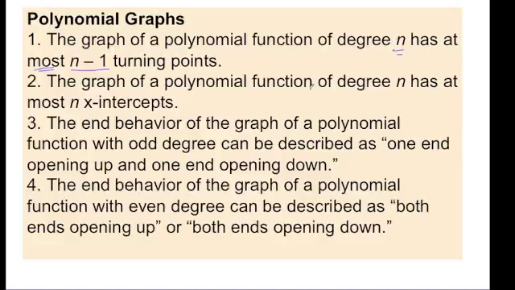The graph of a polynomial function of degree n has at the most n x-intercepts. Those are the solutions, what make the equation equal 0. The end behavior of the graph of a polynomial function with an odd degree can be described as one end opening up and one end opening down, just like the cubic function.